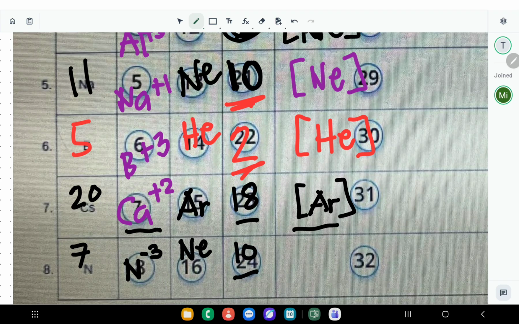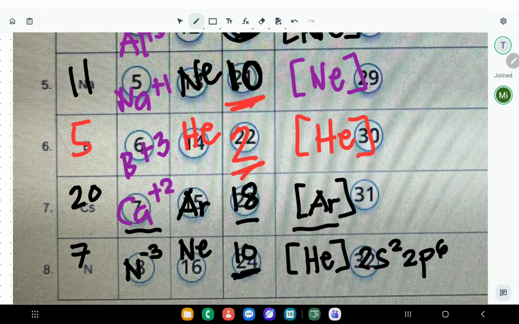So what is the noble gas right before nitrogen? Helium. Now we will use that for the shorthand. Okay, so helium has 1s2, but we have 10 electrons here. So 1s2, and we still have 2s2, 2p6.